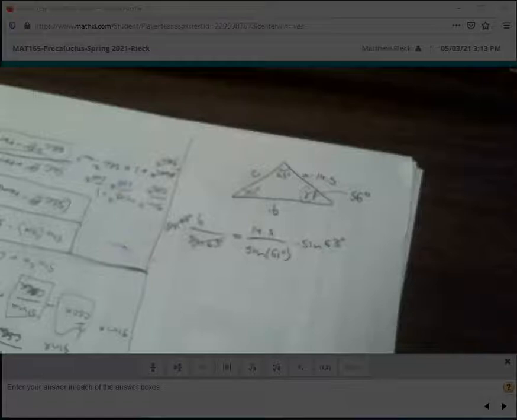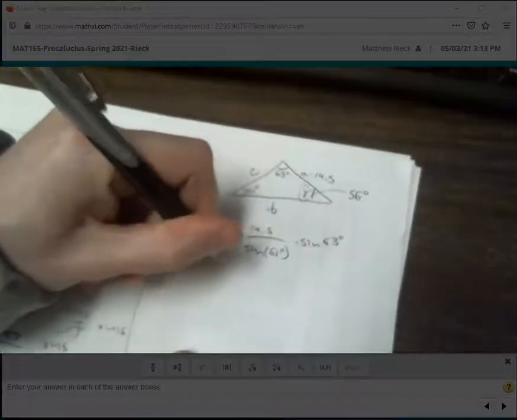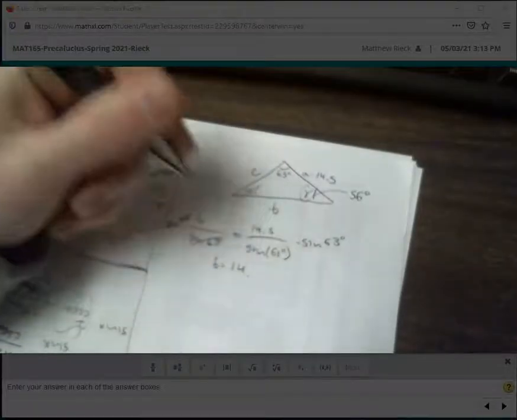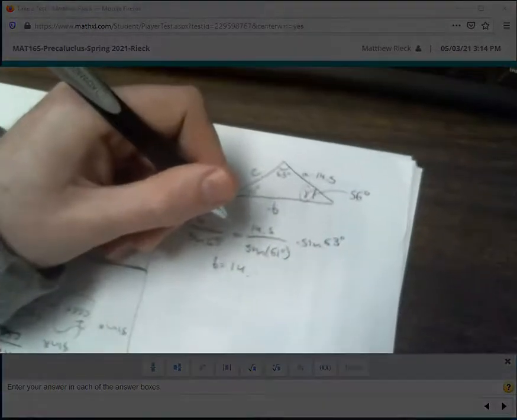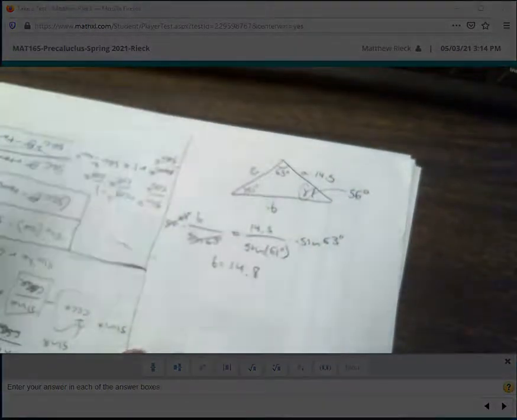So we have 14.5 sine of 63 divided by sine of 61. So we end up with b equals 14 point, so it's round to the nearest tenth, so we have one decimal place, so I got 14.8.